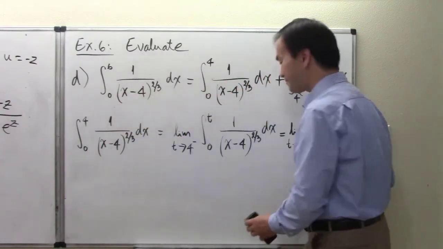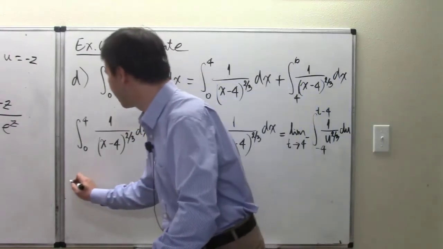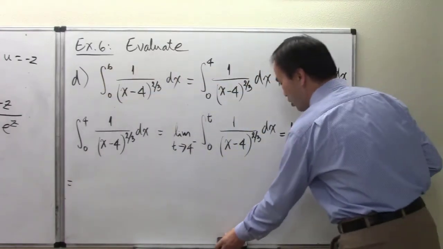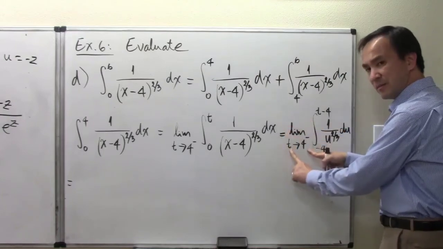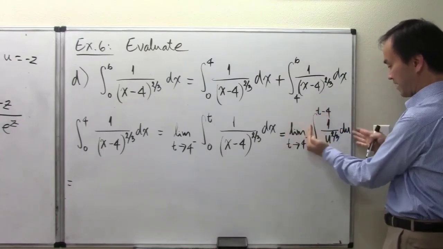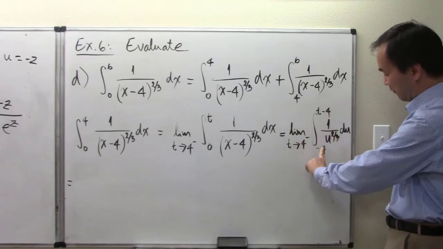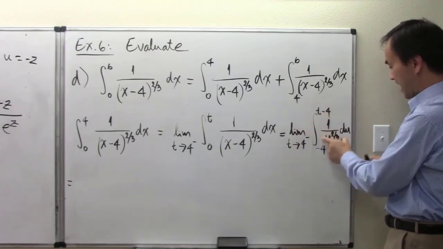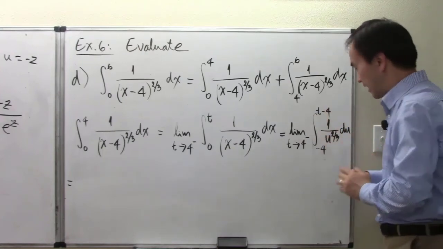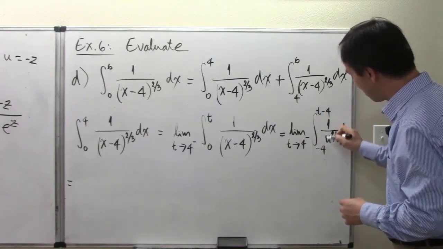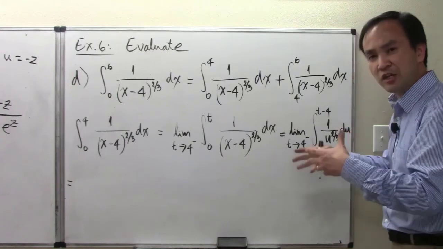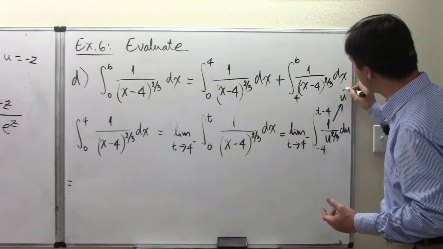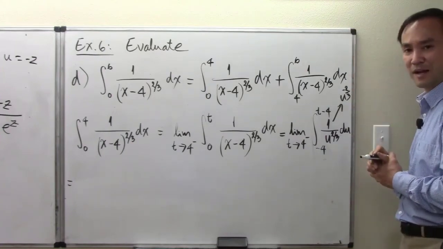In my next step, I'm going to apply the fundamental theorem of calculus, because aside from the limit problem, this is now an ordinary definite integral where we go from minus 4 to an arbitrary t minus 4 on that function in terms of u. Again, we are seeing this 1 over u to the 2/3 as u to the minus 2/3 power.